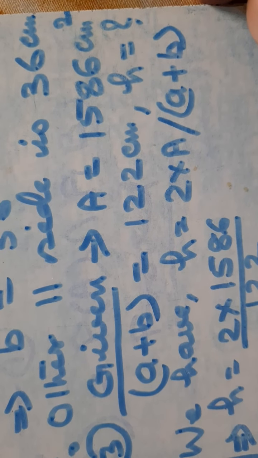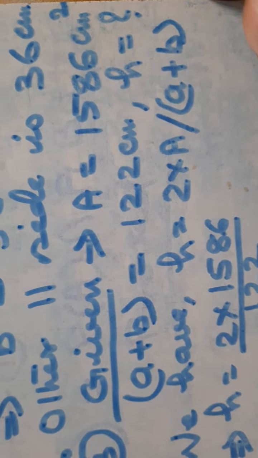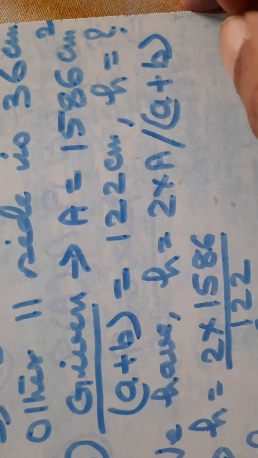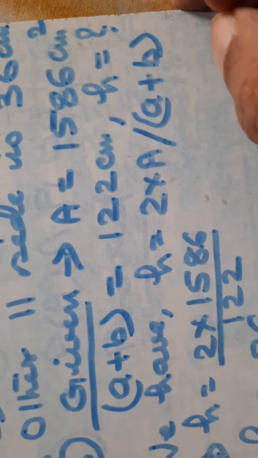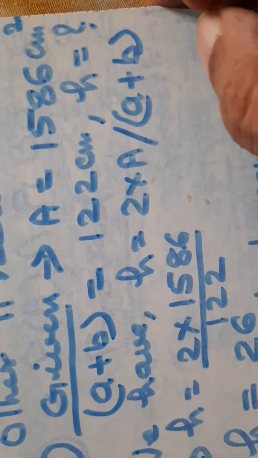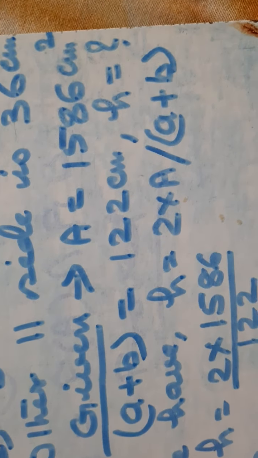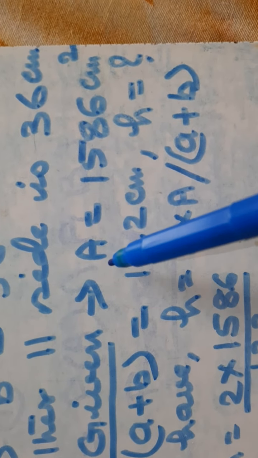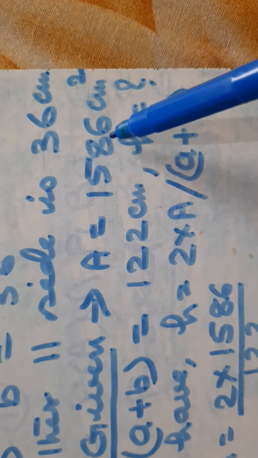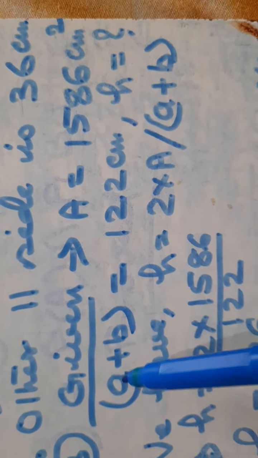Question number 3. The area of a trapezium is 1586 centimeter square and the sum of parallel sides is 122 centimeter. Find the distance between the parallel sides. Here given A is equal to 1586 centimeter square.